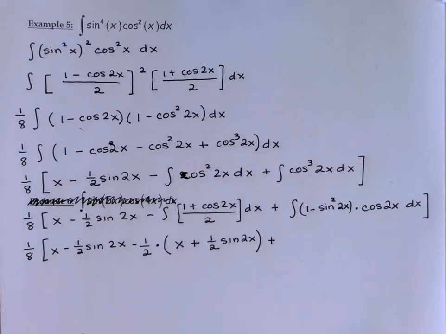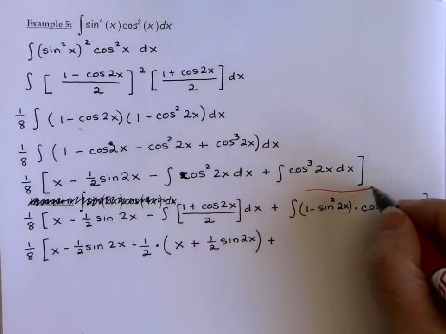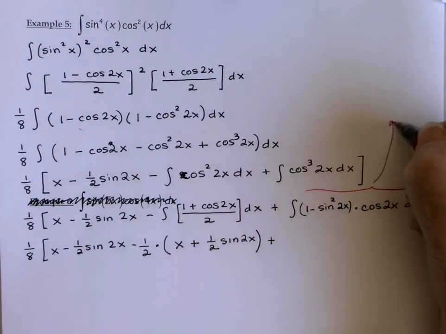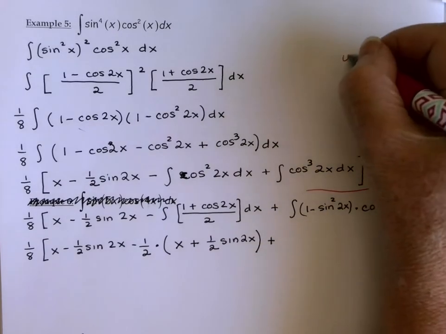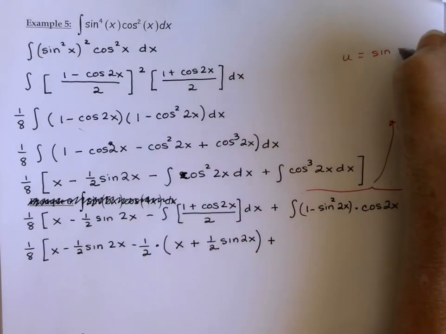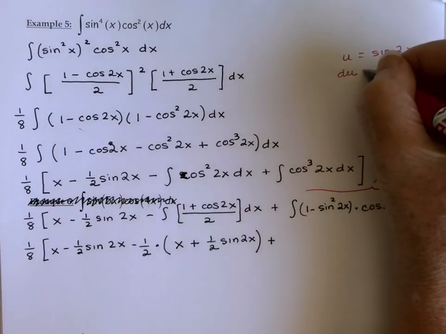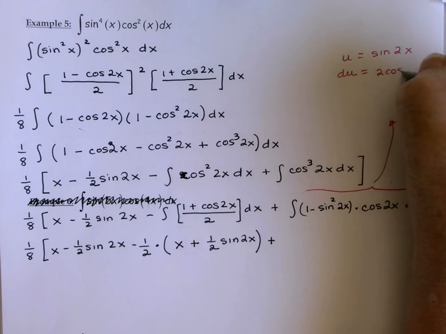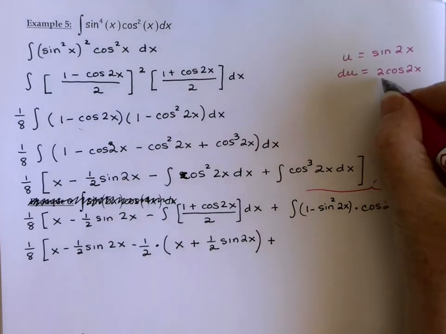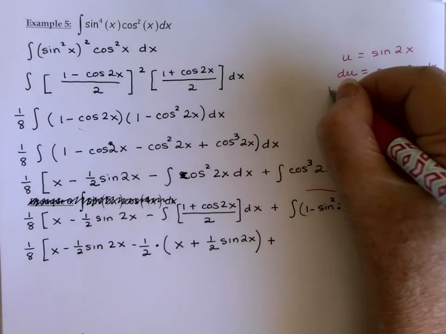This is going to require a little bit more of a u substitution, so I'm going to go ahead and write it out. For this integral, my u is going to be sine 2x. So du would be 2 cosine 2x, that 2 from the chain rule, dx.